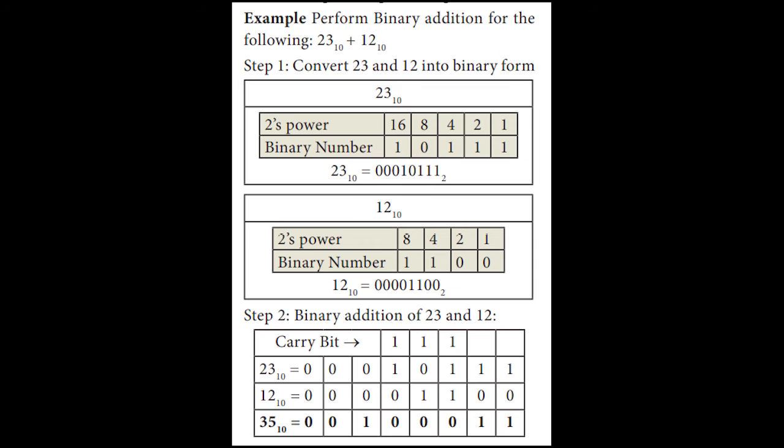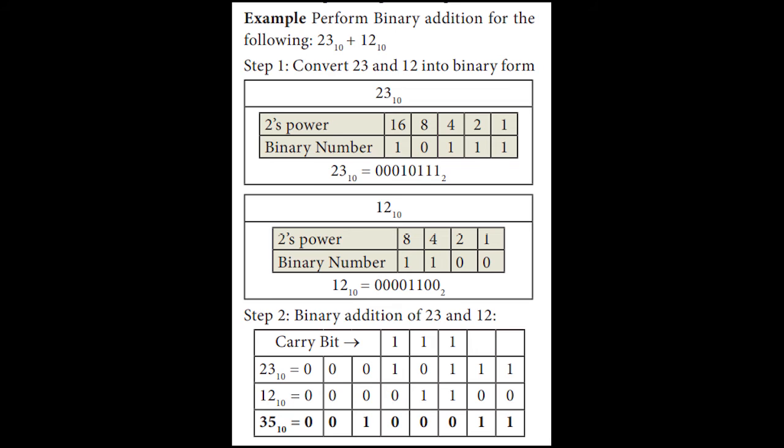When you add these, the answer will be 1, 0, 0, 0, 1, 1. When you convert this binary number to decimal, we'll get the value of 35, right? So let's check it.